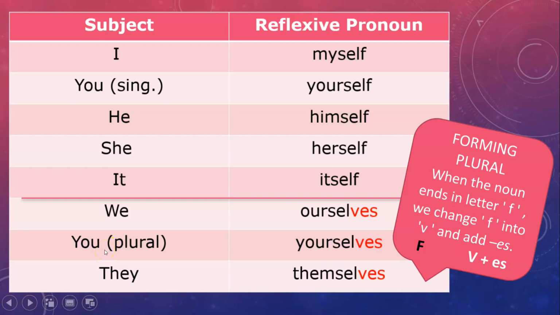Then for you, you all, the plural reflexive pronoun will be yourselves, and they becomes themselves. Okay? You can also check out our other video here at Explicit English, where we have a special video just for forming plurals in the English language.